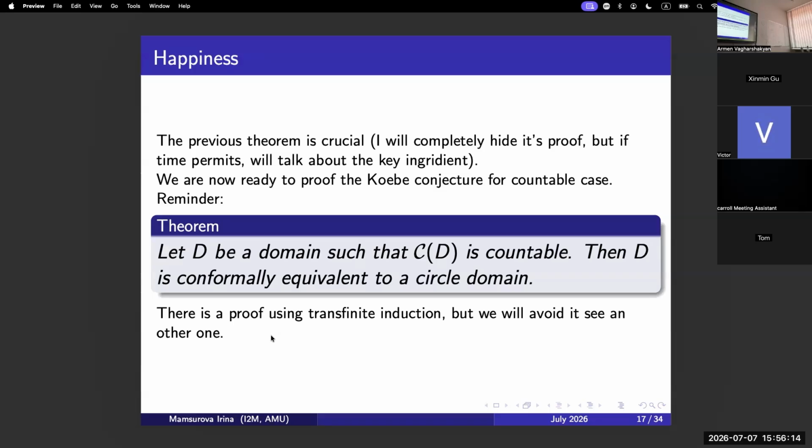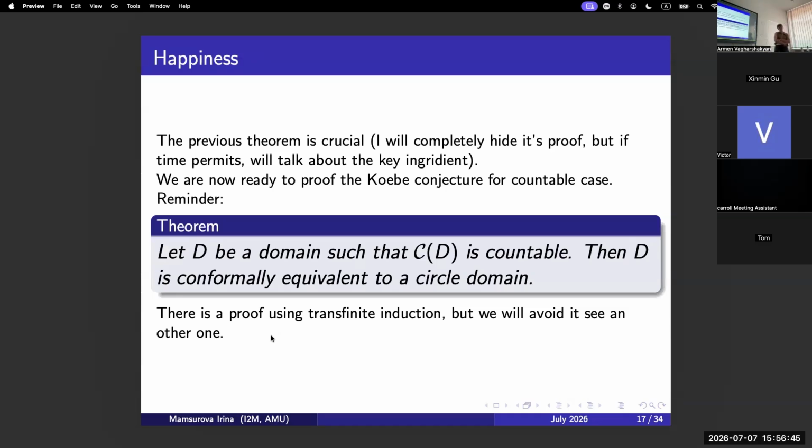Can I add a comment to the question? What Irina was describing, one of the theorems Schramm proved, is uniformization of cofat sets. But in general, the boundaries of countably connected sets don't have to be cofat, so that's a different theorem.